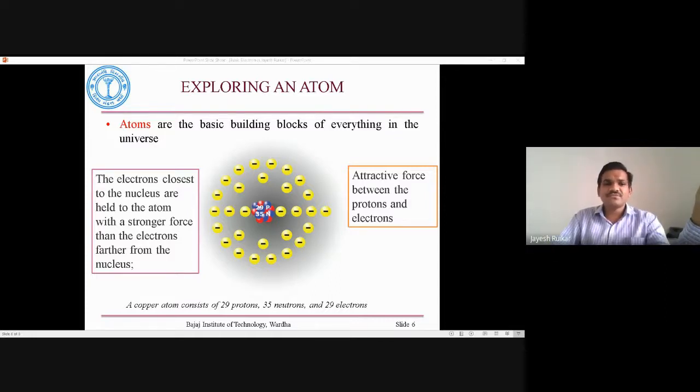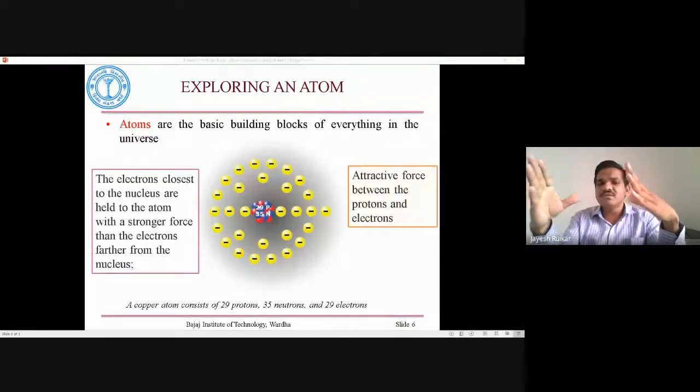So when we talk about this force, the electrons which are closer to the nucleus have a stronger force than the electrons which are farther away from the nucleus.